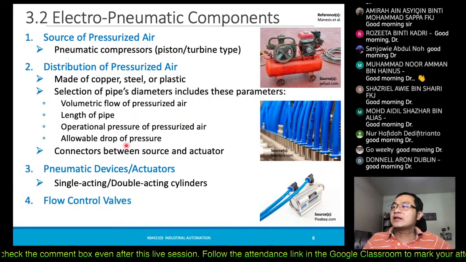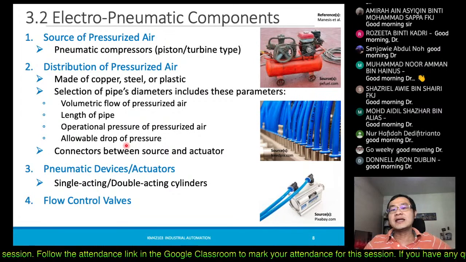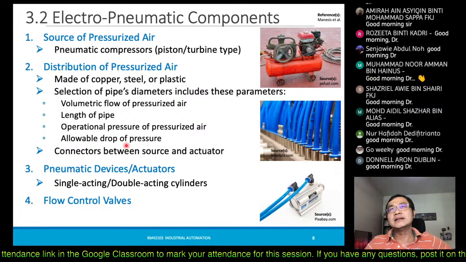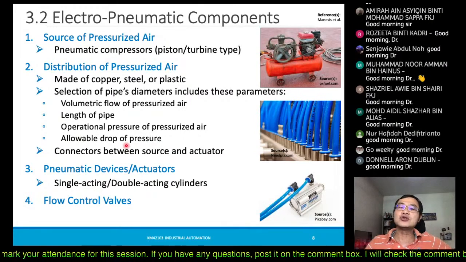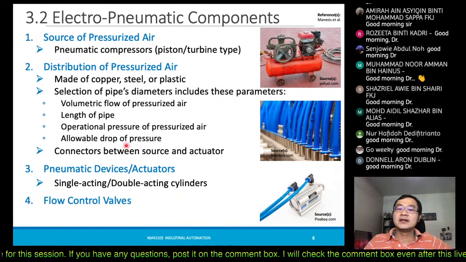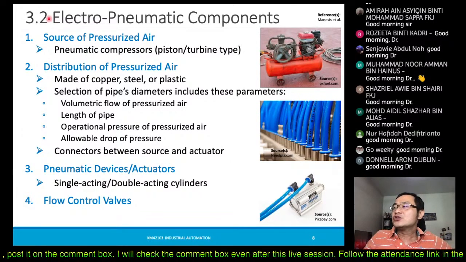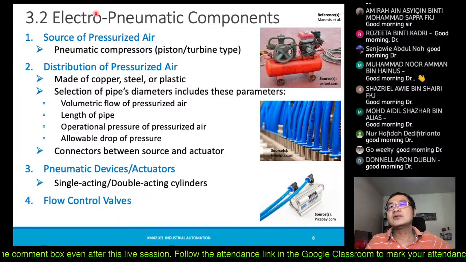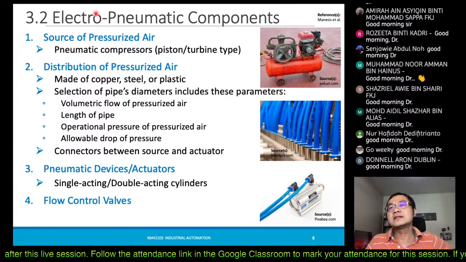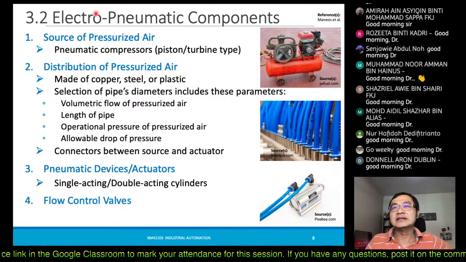The electro-pneumatic component, when we see the word electro, would always involve the control of pneumatic systems using electric. So that is the idea of using electro-pneumatic, especially in highly digital environments.